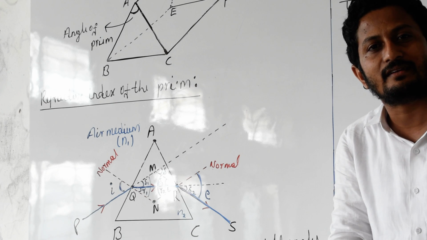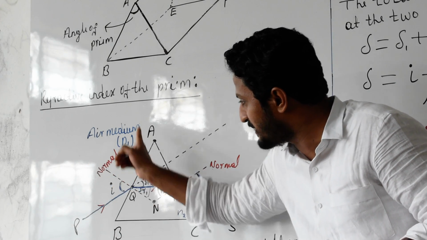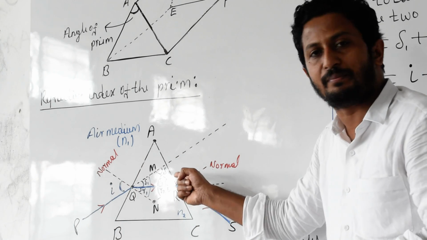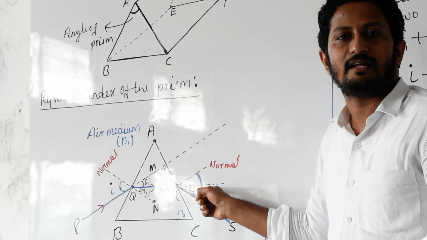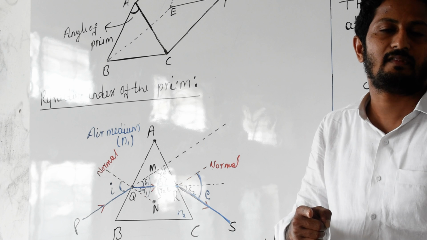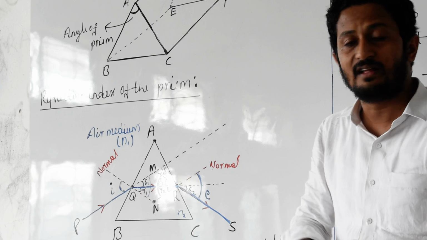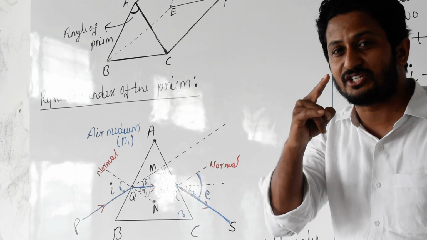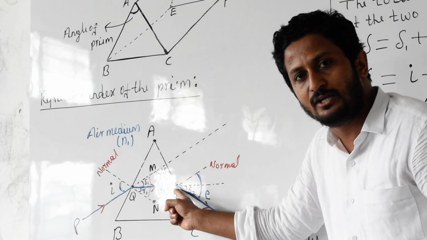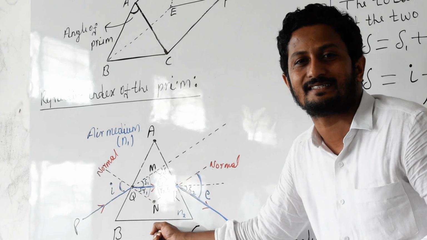It means with the same angle at which light entered the prism here, the light is entering the prism here. It means what? I and E are equal. That we call minimum deviation. If that deviation is minimum, then the refracted light ray through the prism looks parallel to the base.